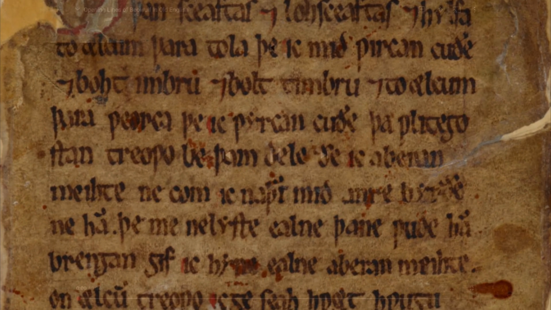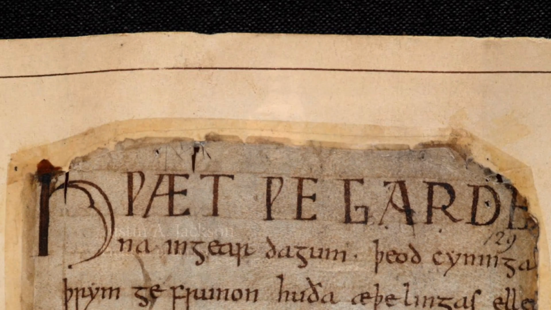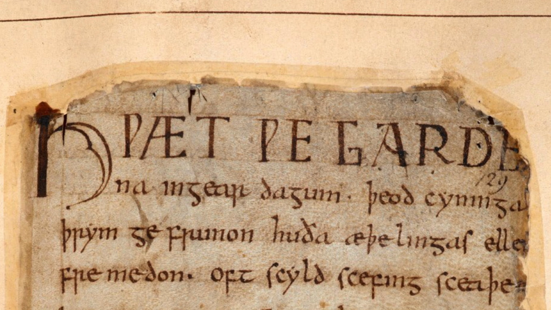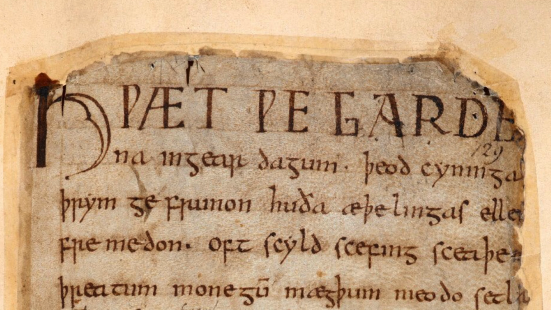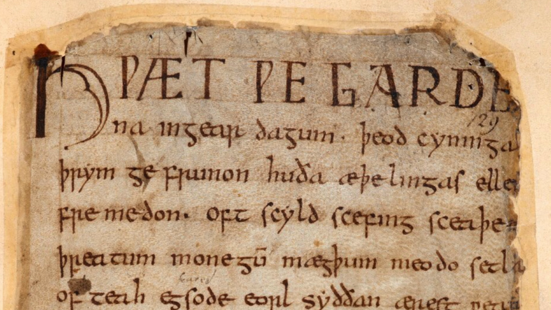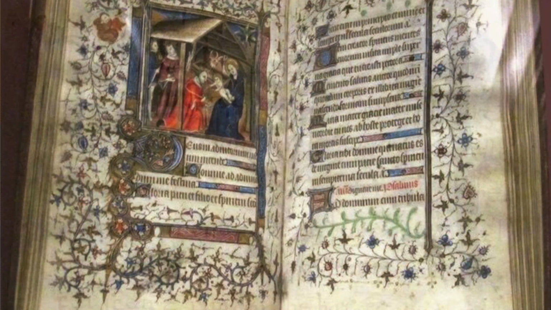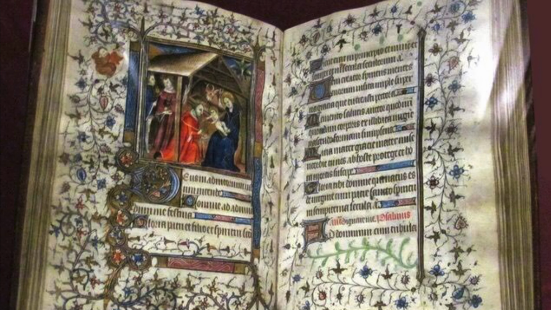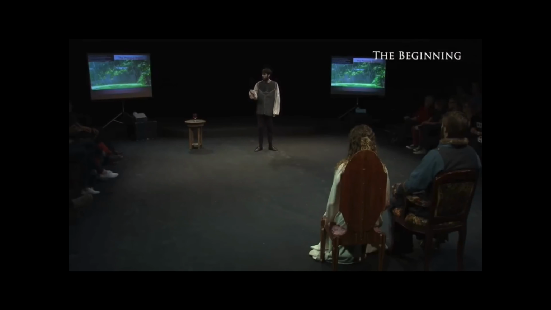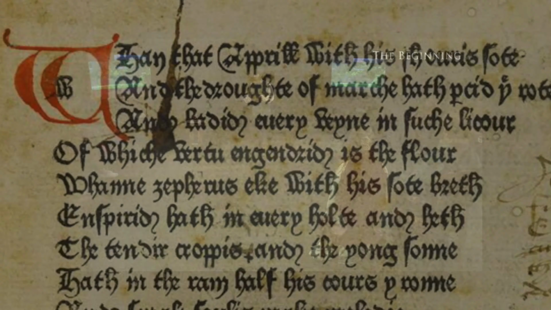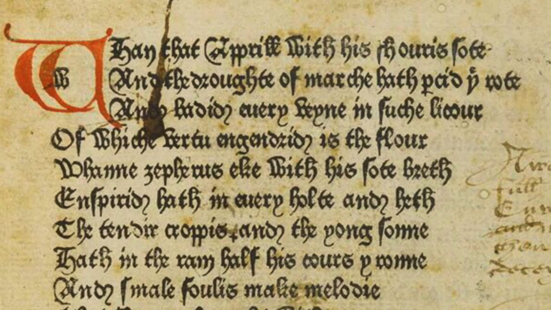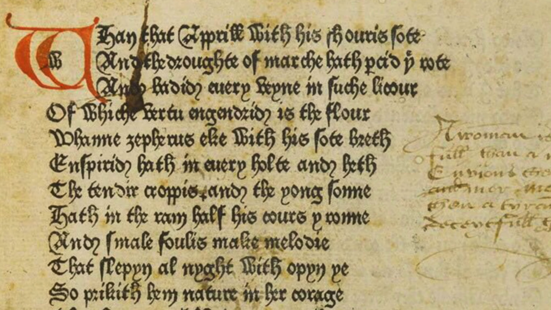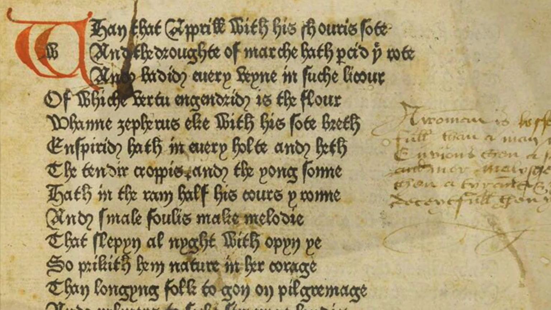Here's some Old English. Hwæt wē Gār-Dena in ġēar-dagum þēod-cyninga þrym ġefrūnon, hū þā æþelingas ellen fremedon. Oft Scyld Scēfing sceaþena þrēatum. Then to Middle English. Here's an excerpt from the Canterbury Tales. Whan that Aprill with his shoures soote the droghte of March hath perced to the roote, and bathed every veyne in swich licour of which vertu engendred is the flour.